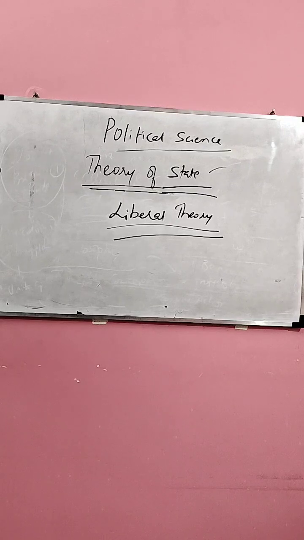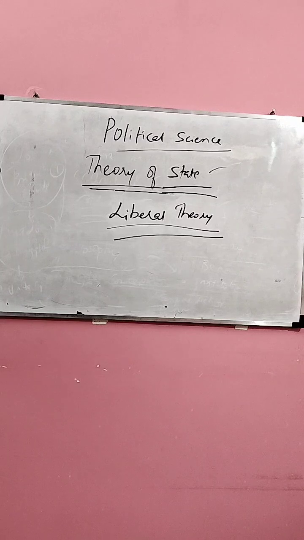There are many theories of states: divine theory of state, organic theory of state, feminist theory of state, Marxist theory of state, post-colonial theory, pluralist theory. So we have many theories, out of which liberal theory is one theory. But liberal theory is very important in political science because it gives many insights into the concept of state.